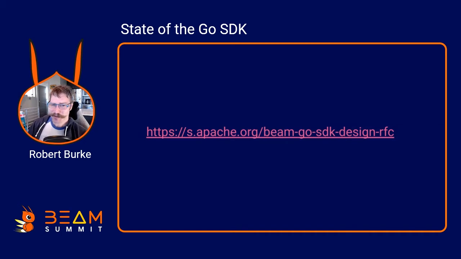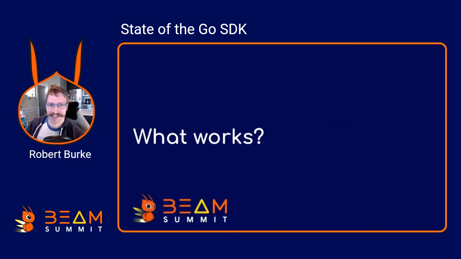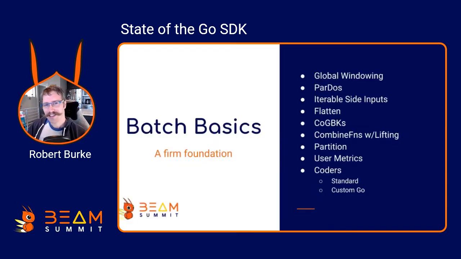So at this point, you might be asking, what works in the Go SDK? Well, in this case, all the basics you need to transform data in batch. We have global windows, they're propagated throughout. ParDos are able to execute anything from simple functions to configurable structural DoFns with 0 or more emitters.